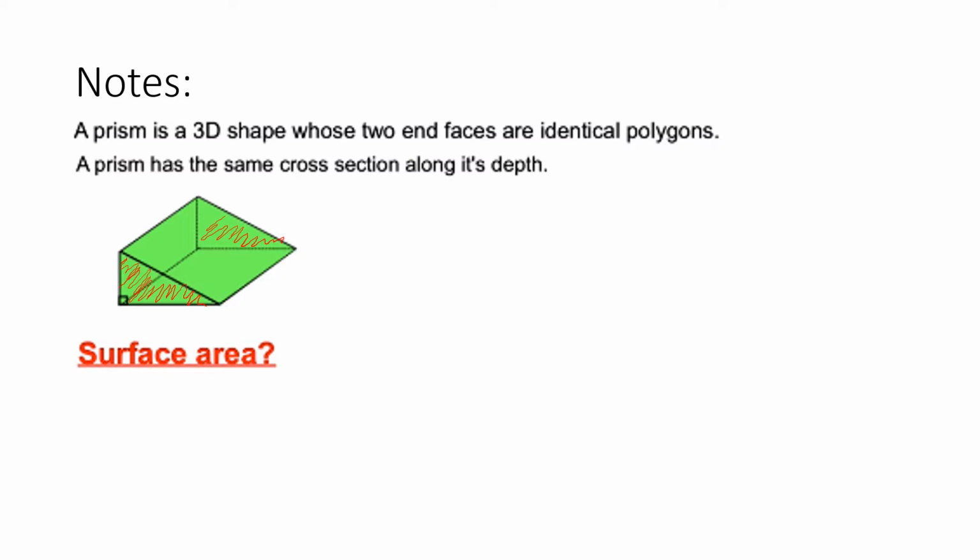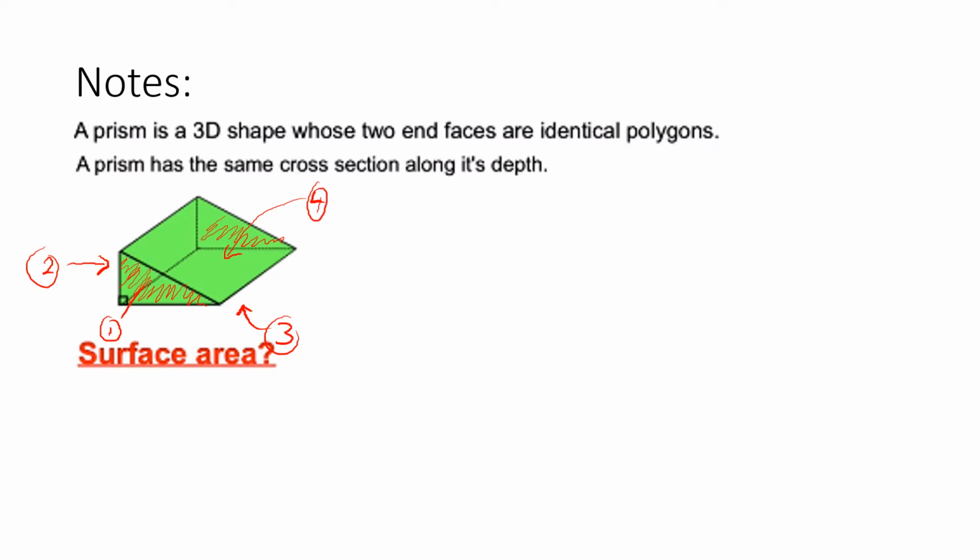In this case we've got two triangles which are identical, then we've got another face at the back. Let's call the two triangles face 1, the one at the back face 2, we've got one underneath, which we'll call face 3, and then the front face, we'll call that face 4.